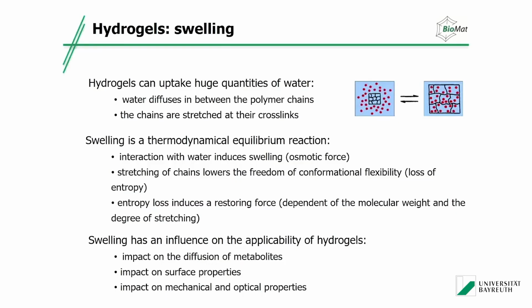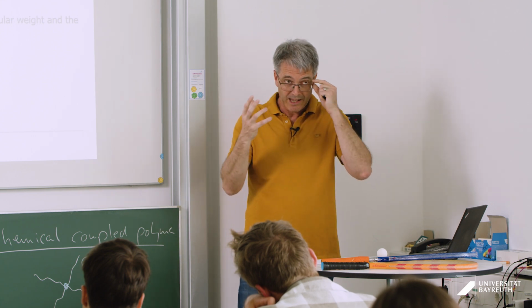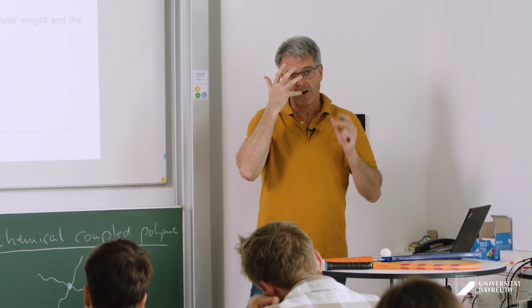Of course, the swelling will have an impact on surface properties. So remember, we talked about applications of biopolymers and polymers as biomaterials. And we had the examples of, let's say, contact lenses. So if the surface properties change upon swelling, you might have an impact then on the surrounding tissue, like on the eye, right?